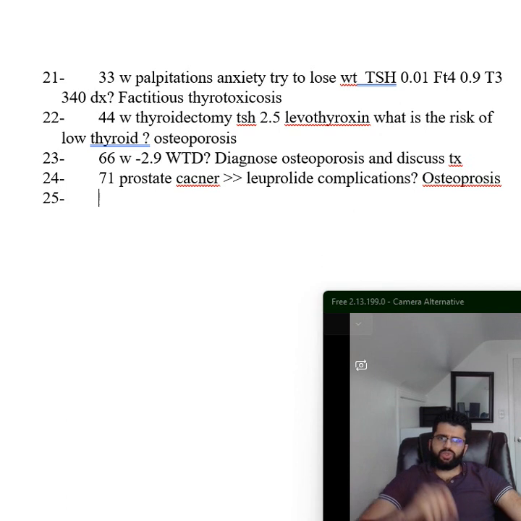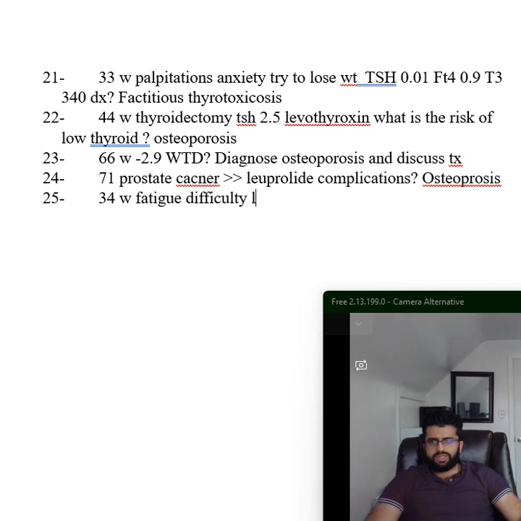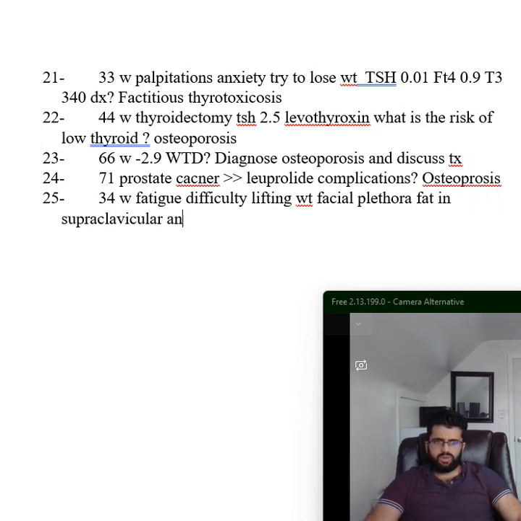Now you see a patient, a 34-year-old woman who comes in with fatigue and difficulty lifting weight. On exam, there's facial plethora, fat in the supraclavicular area and posterior neck.